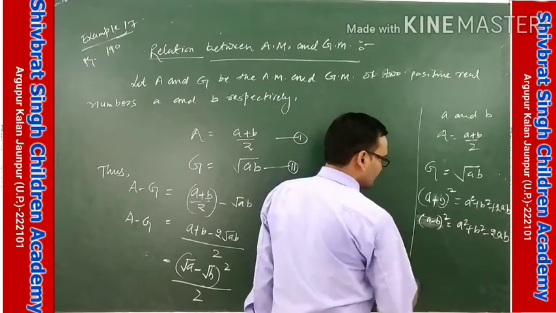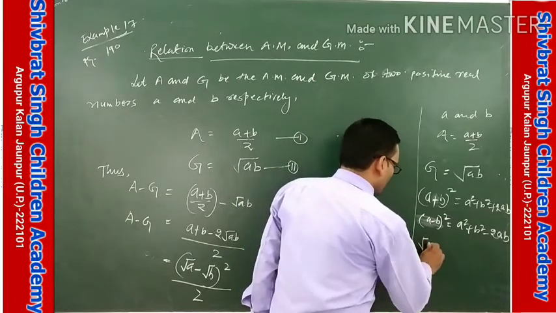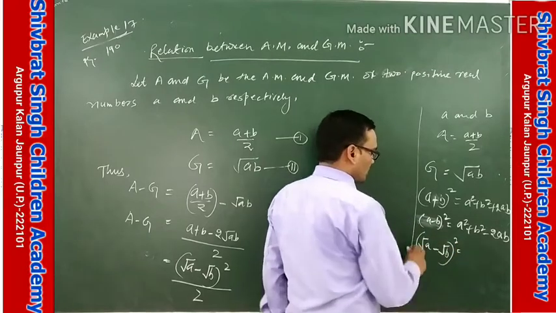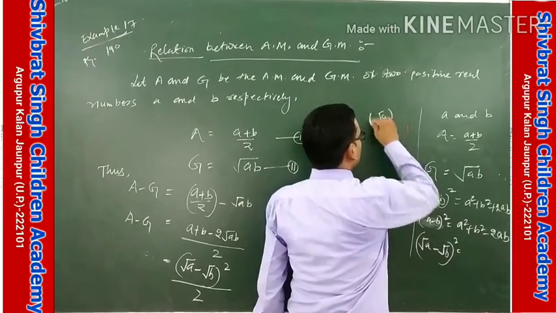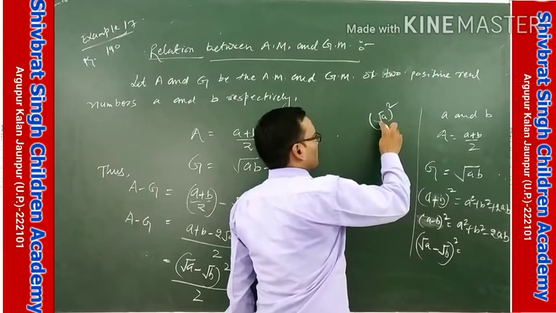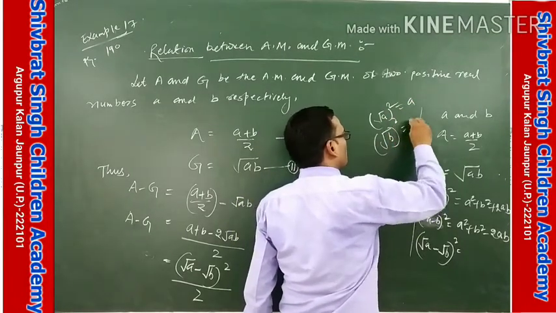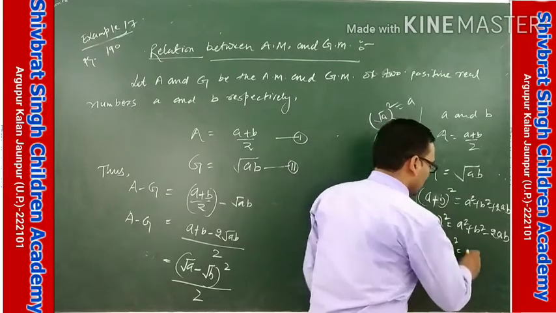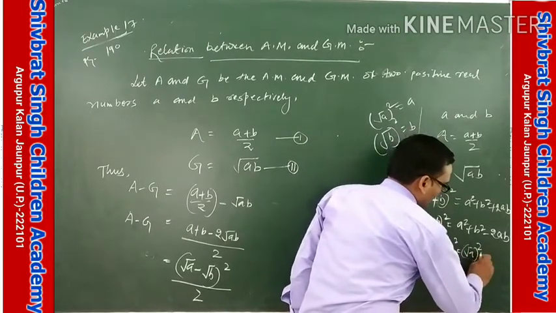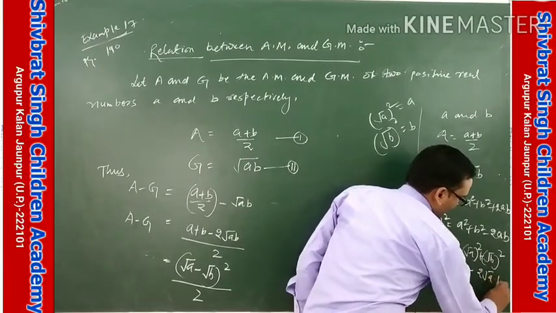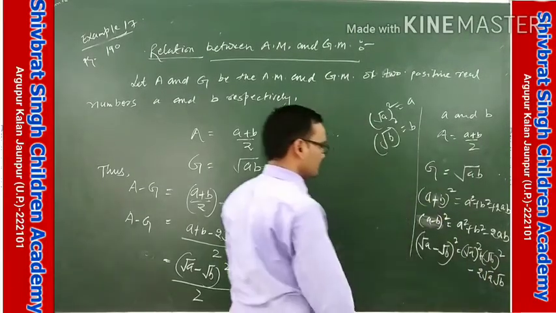And here, (square root a minus square root b) whole square equals the square of square root a, which is a, and the square of square root b, which is b. Then this is written as (square root a) whole square plus (square root b) whole square minus 2 square root a into square root b.